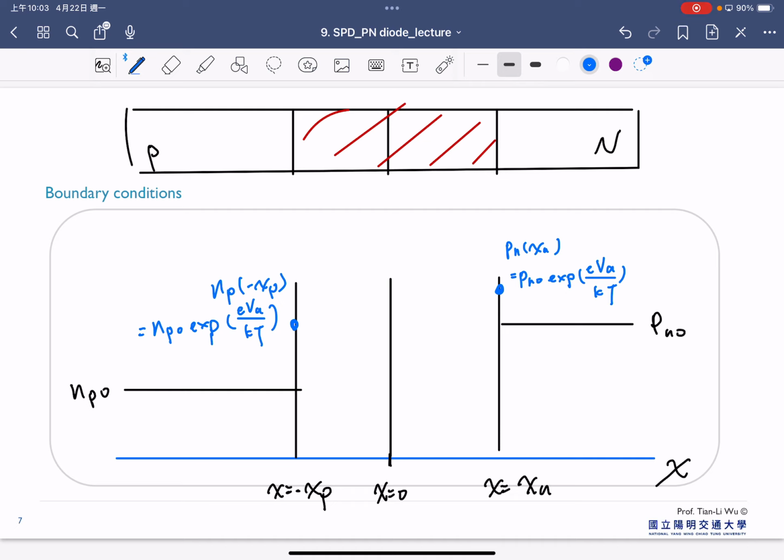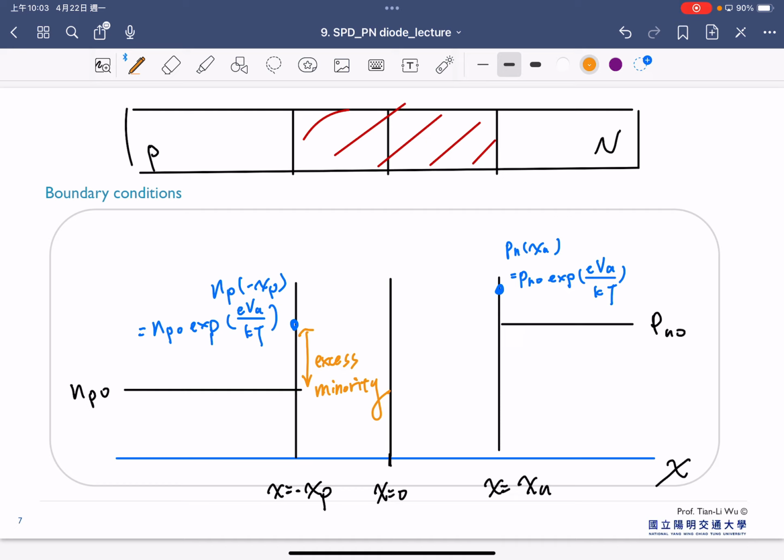The difference between this one and this one, the thermal equilibrium value, is our excess minority carrier. I hope right now you can understand why in the previous class we spent one chapter to explain that if there is a minority carrier, there's an excess carrier.